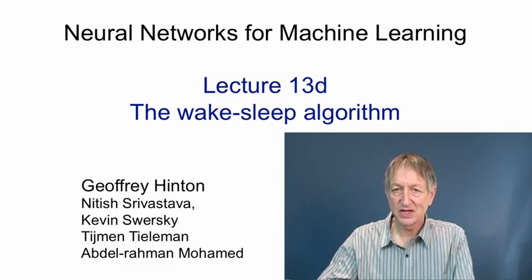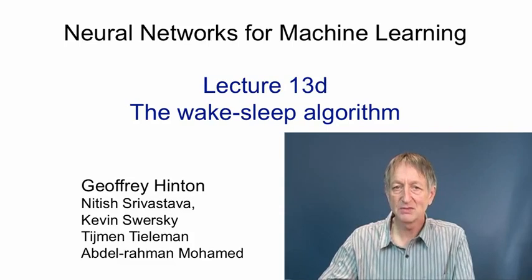The basic idea behind these variational methods sounds crazy. The idea is that since it's hard to compute the correct posterior distribution, we'll compute some cheap approximation to it, and then we'll do maximum likelihood learning anyway. That is, we'll apply the learning rule that would be correct if we'd got a sample from the true posterior, and hope that it works even though we haven't.